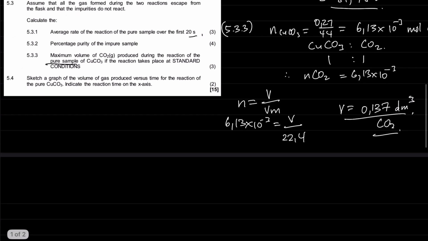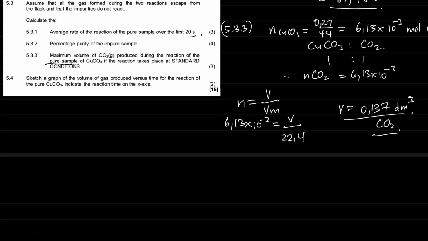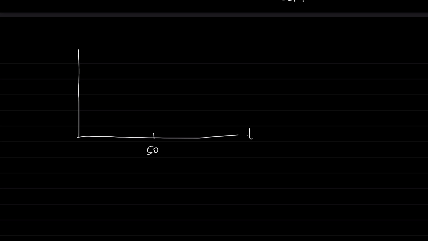And moving on to the last question now, the question reads, sketch a graph of the volume of gas produced versus time for the reaction of pure CO2. Indicate the reaction time on the x-axis. We did say that the reaction ended approximately after 50 seconds. So time will go here, and then volume will go here.